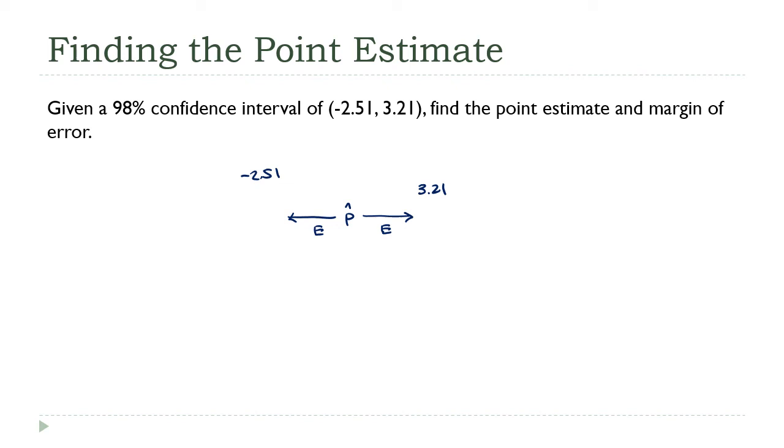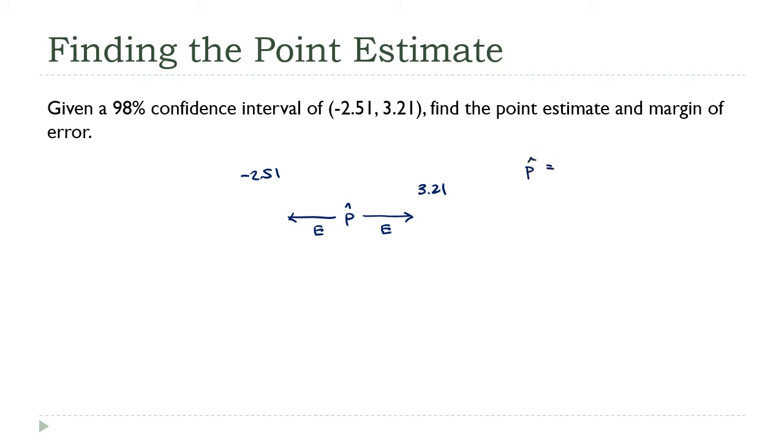That p hat value is centered between the upper and lower bound, so I can find p hat just by averaging these two values.